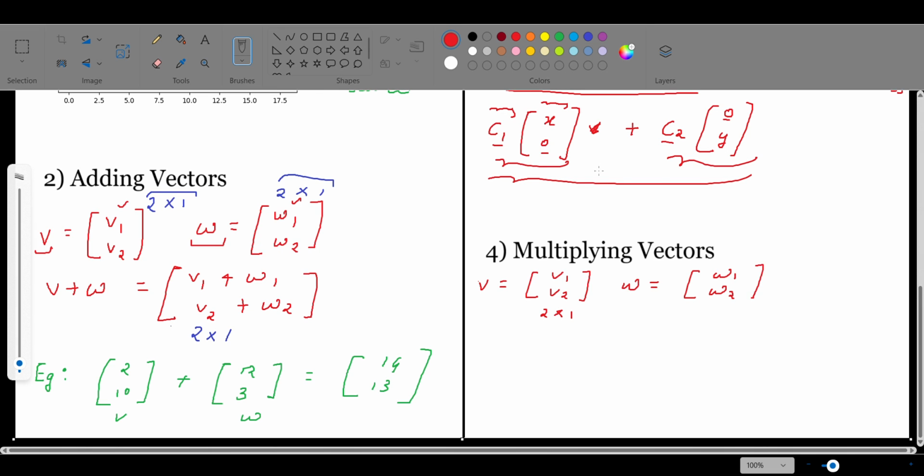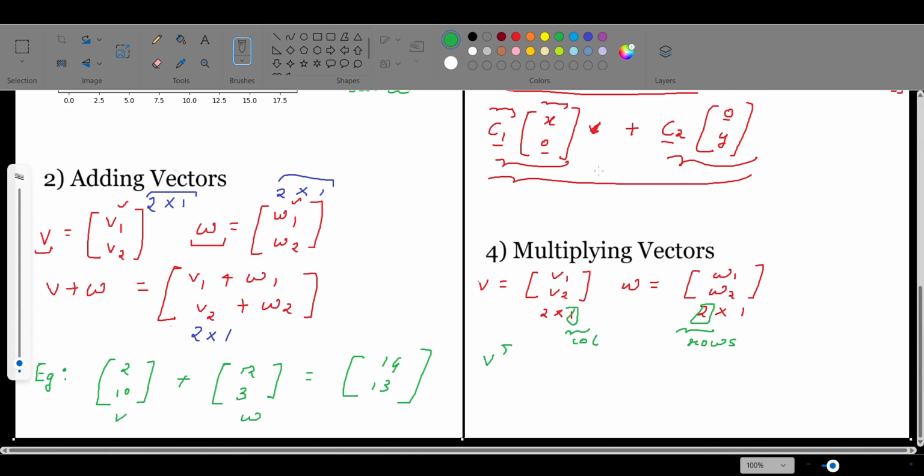Now the reason why V and W cannot be multiplied is because multiplication requires you to have these inner two values to be the same. This means the number of columns in the first vector that's being multiplied should be equal to the number of rows in the second. Now, in this sort of a case, what you can do is you can use the transpose of V. What's a transpose?